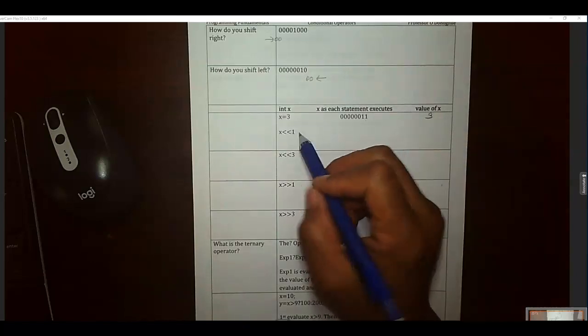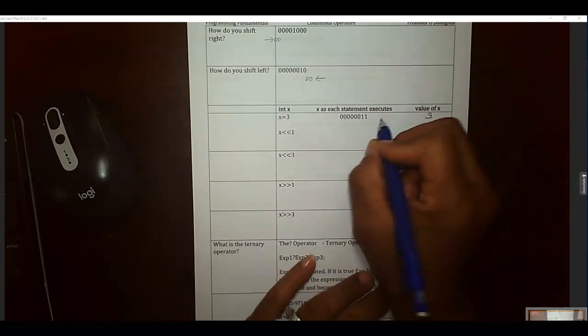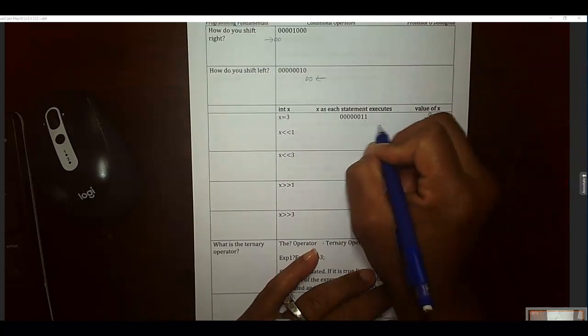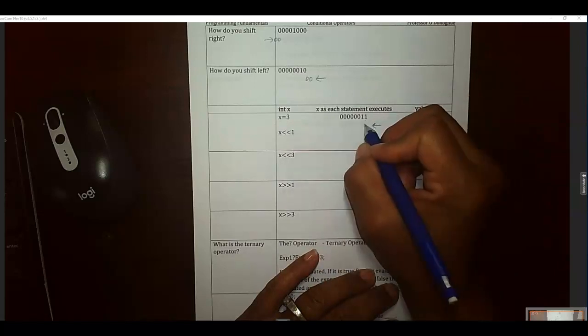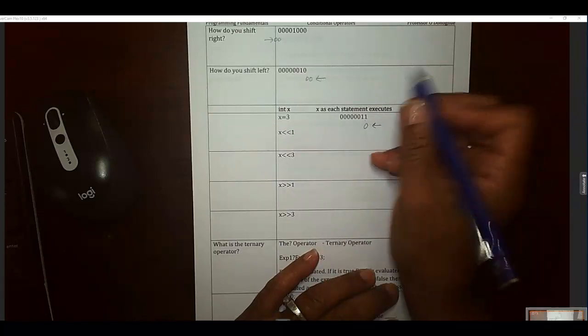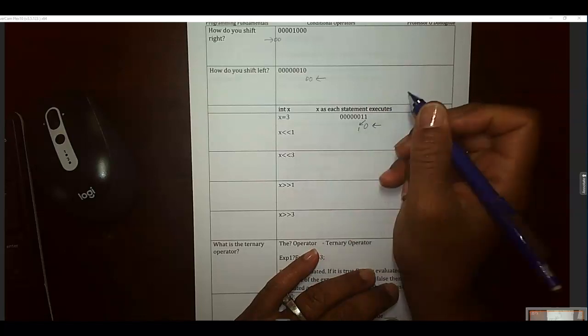All right. So we want to shift this number 1 to the left. So we're going this way, to the left. We want to shift it by 1, so we add a 0 here, and then we start shifting the values of the number.